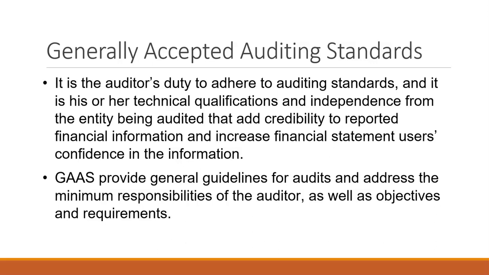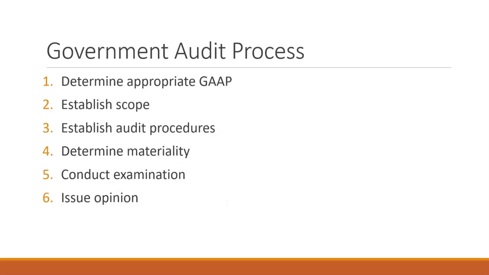So remember, what independence in an audit looks like is that we aren't using the same CPA firm to audit us as we are to prepare our financial records. And at the end of the chapter, we're going to talk about a couple of those gray areas around independence.